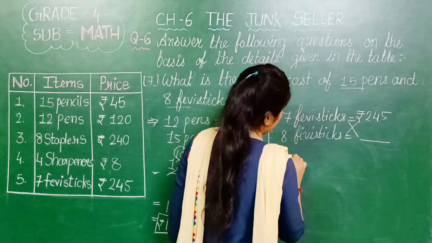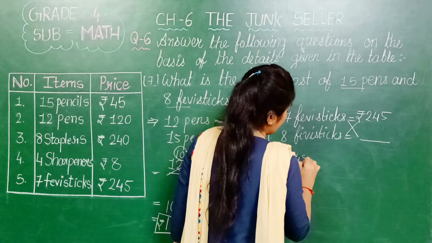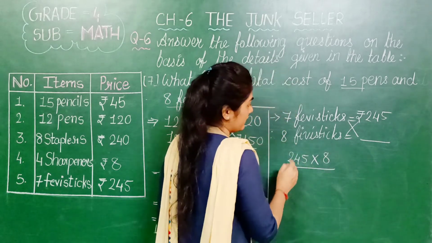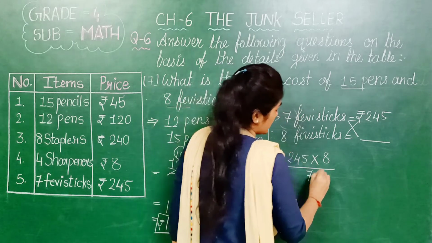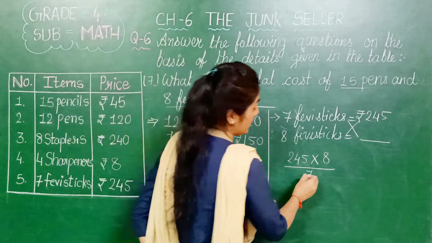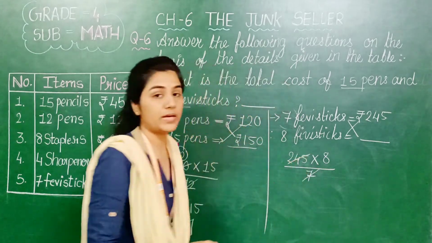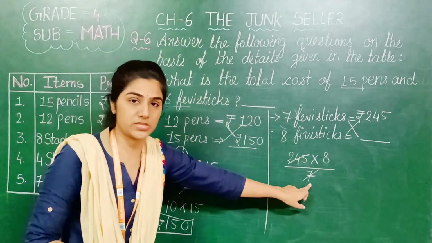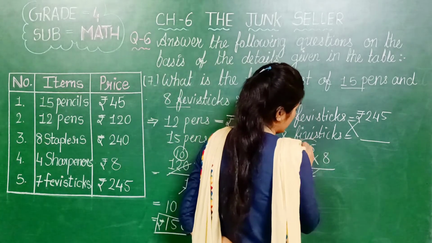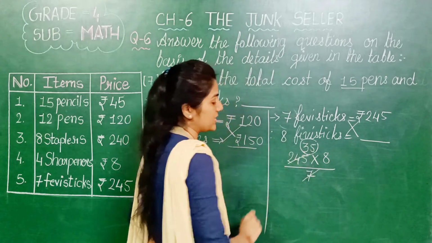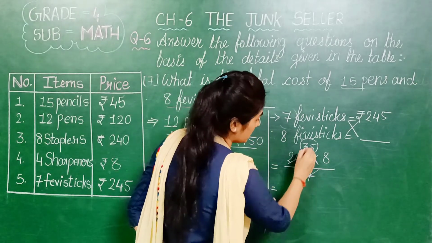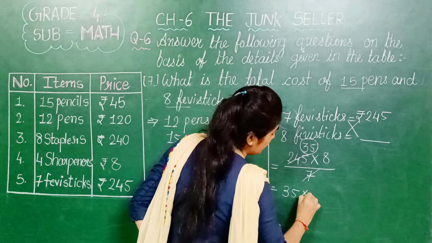Cross multiplication: 245 multiplied by 8, and downside we divide by 7. Just now we found the same step, because in the table of 7 we divided 245 by 7 and got 35 as the answer of division. So 7 35s are 245. Which numbers are remaining? 35 multiplied by 8.